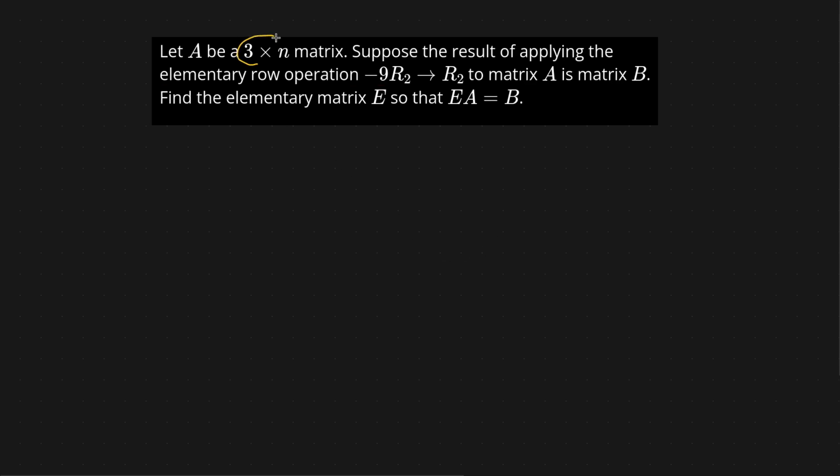In this case, since A is a 3 by n matrix, we want a 3 by 3 identity matrix to make sure that the matrix multiplication is well defined. So our 3 by 3 identity matrix is 1, 0, 0, 0, 1, 0, 0, 0, 1.